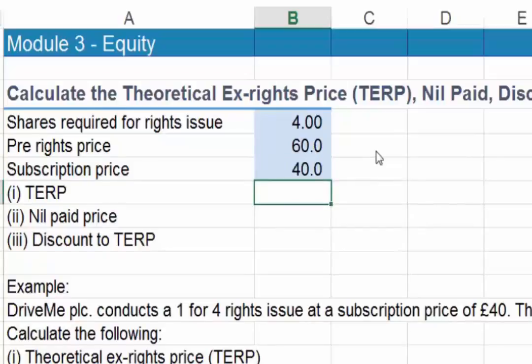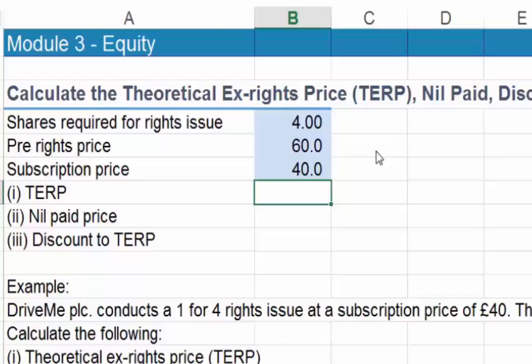Now we need a formula to calculate the theoretical ex rights price. Before putting the formula, let me explain how it's done, and then I'll show you how to do that in Excel. So if you have 4 shares, those are valued at £60 each. 4 times 60 is 240. You can buy 1 share at £40.